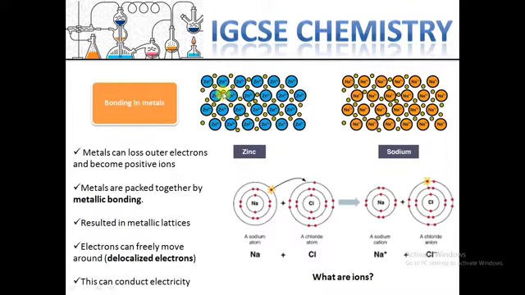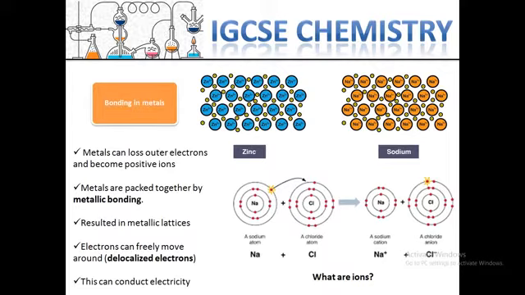This kind of connection we call metallic bonds. This results in metallic lattices, like some crystal structure, like inorganic crystals.